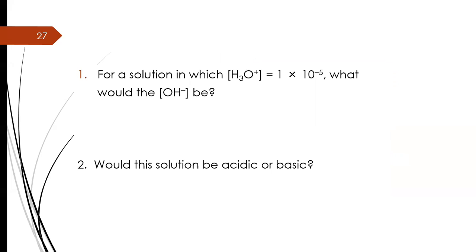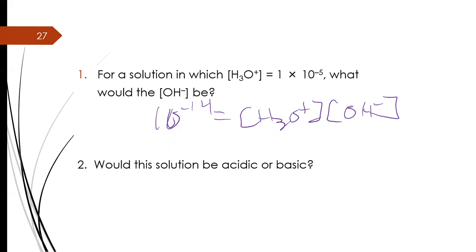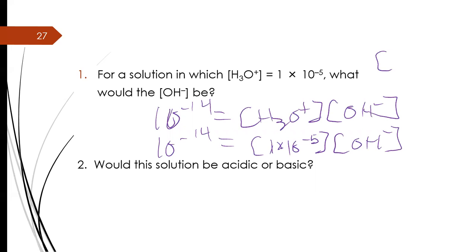So let's try this. For a solution in which H3O plus is 1 times 10 to the minus 5, what would our hydroxide be? Well, we know 10 to the minus 14 is equal to our H3O plus times our hydroxide. So 10 to the minus 14 is equal to 1 times 10 to the minus 5 times our hydroxide. So our hydroxide is equal to 10 to the minus 14 over 10 to the minus 5, and so it becomes 10 to the minus 9.